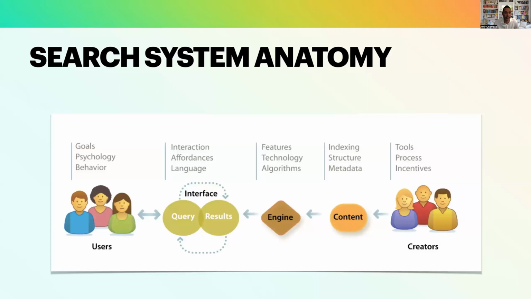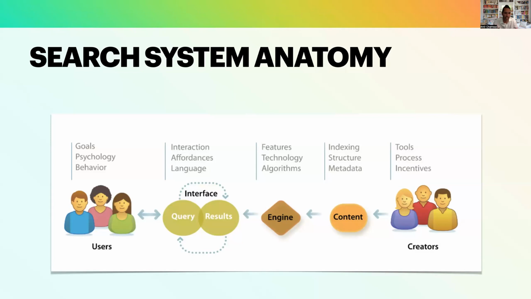And lastly, the fourth aspect of information architecture is search. And a search system is composed of 5 elements. 1, users: what are those users trying to do? What are their goals? How do they think?